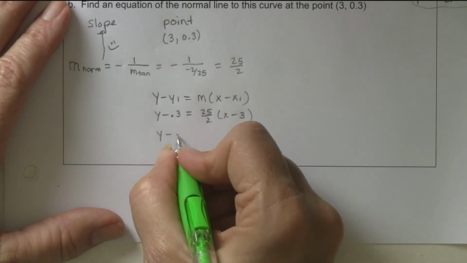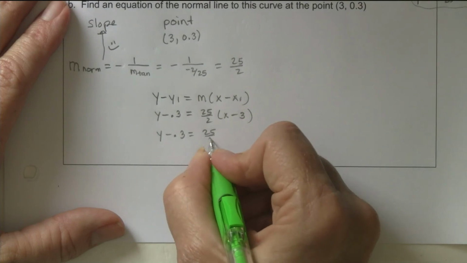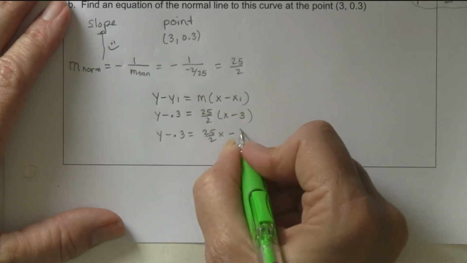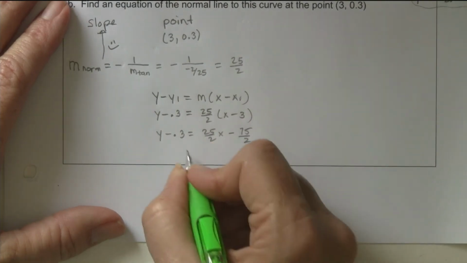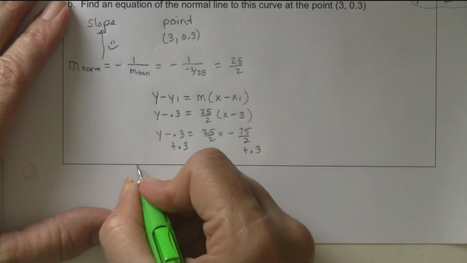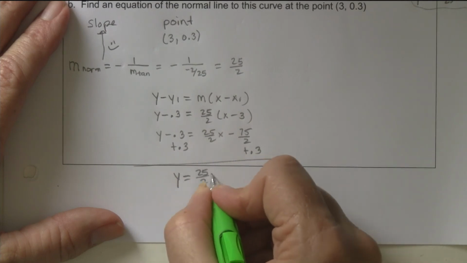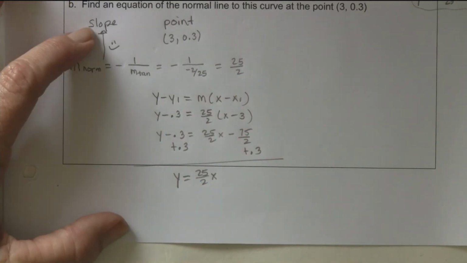So y minus 0.3 equals 25 over 2x minus 75 over 2, and then I'm going to add 0.3 to that. And like I say, I'm going to use my calculator. So y equals 25 over 2, and I'll write this as a fraction.